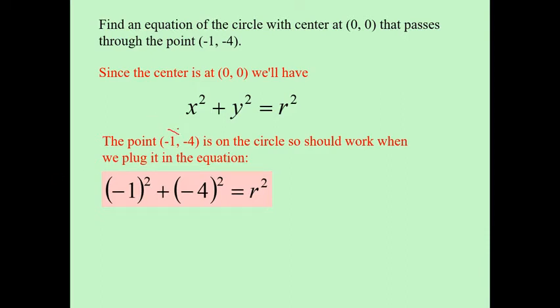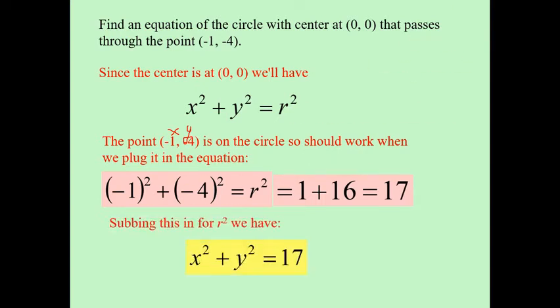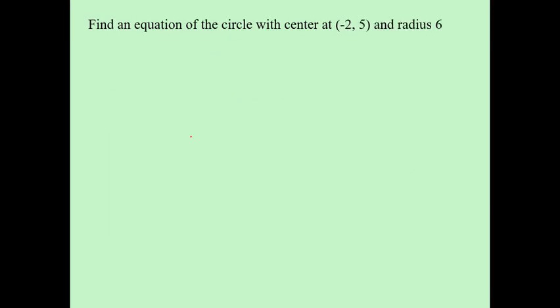Our x value is going to be -1. The y value will be -4. We're going to square those, and we get 1 plus 16, which is equal to 17. So r squared is 17. And subbing this in, we have x squared plus y squared equals 17.